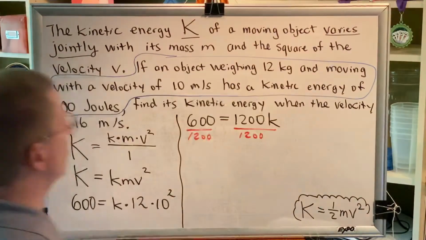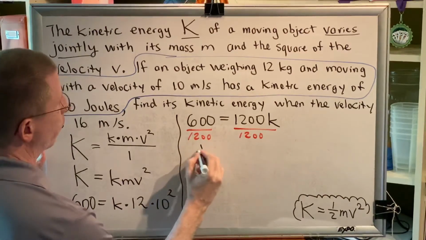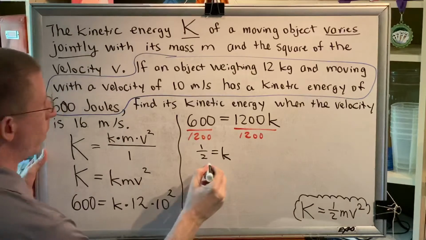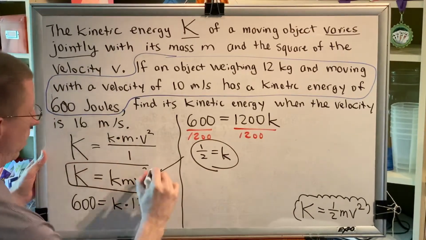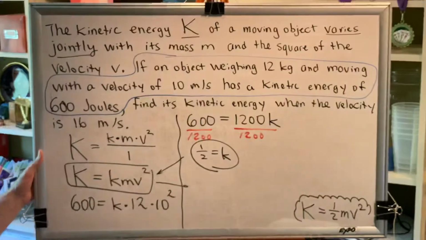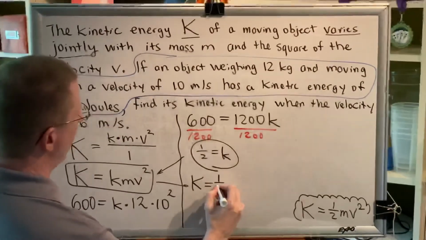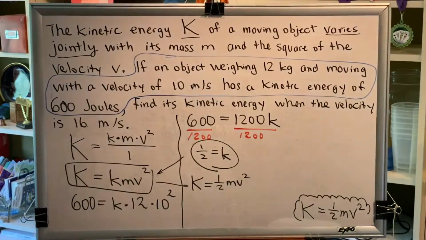And we get a very expected result. 600 divided by 1200 is 1/2. So little k is equal to 1/2. And when we put the value of little k inside this equation, it gives us a very famous physics equation: kinetic energy is 1/2 the mass times the velocity squared.